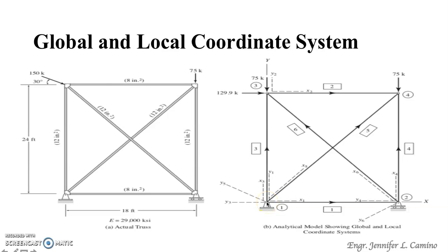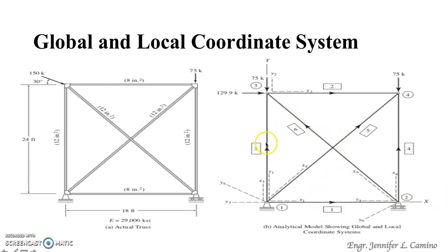If this would be our origin, you draw a line horizontal, that can be our x-axis. Then you draw a line perpendicular to x, so that is now your y-axis. So basically, we have identified now our x and y-axis for the global coordinate system.